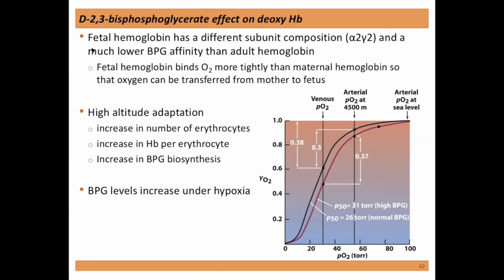So remember, as we move down towards the bottom right corner, that illustrates less affinity. And now you look at that curve, the venous PO2 is going to still be the same. The arterial PO2 at high elevations is still reduced. So the hemoglobin is not binding as much, but what you do is you see a greater release of that O2, so 0.37. So essentially your body's releasing about the same amount. And you can adapt to high altitudes fairly quickly by creating BPG.